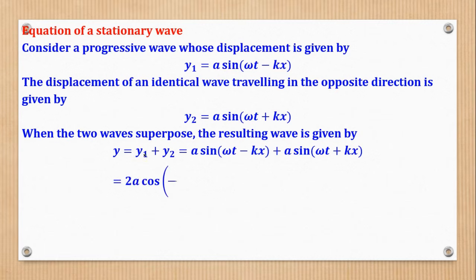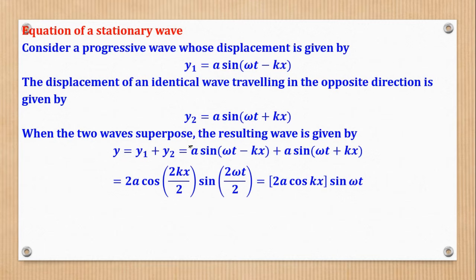So the whole of this becomes, first of all, you factorize out the a. Then sine this plus sine this gives you 2 times cos this and sine this.